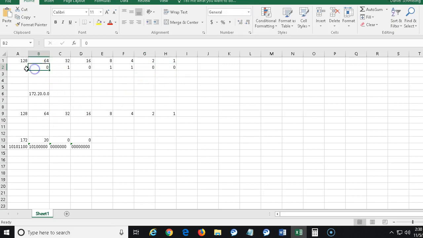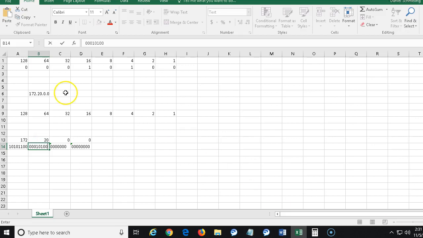So our binary number for 172 is right here. We just calculate how many are in each one. If we take 20, it's going to be 0, 0, 0, 1, 0, 1, 0, 0.